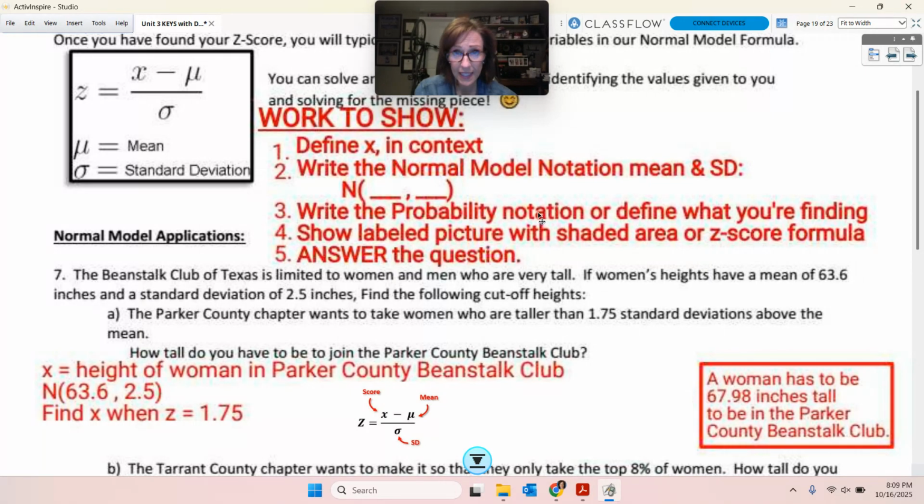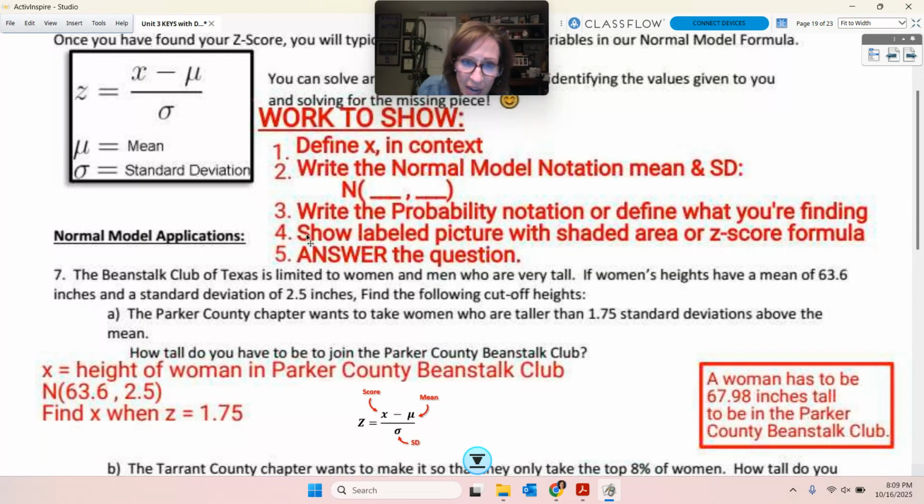If you're finding an area, a probability, a proportion, or a percent, put P of something. But here, we weren't finding a proportion or a probability or a percent. We're finding something else. So I'm going to define what I'm finding. I am finding the cutoff value, the x, the context height, when the z-score is 1.75.